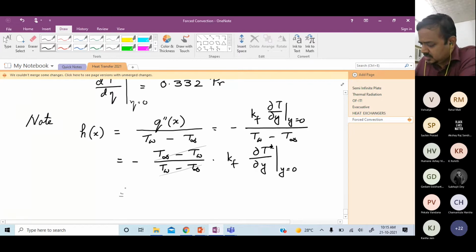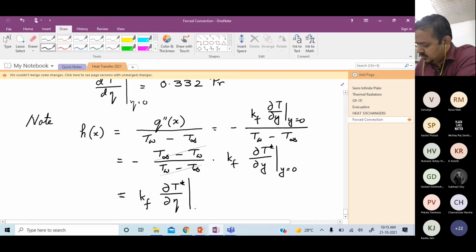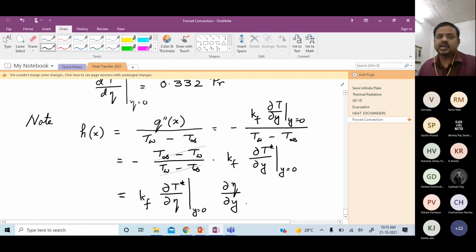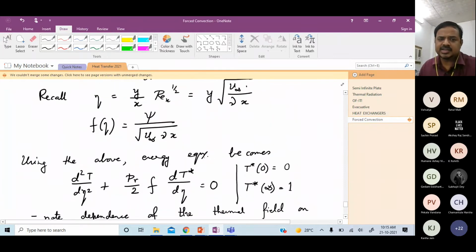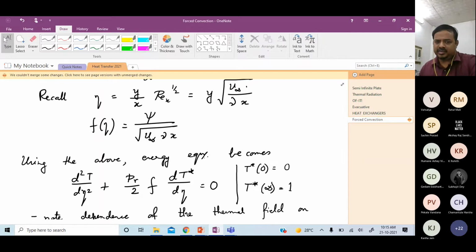Therefore, I'm going to write this is equal to kf del T star del eta at y equal to 0 times del eta del y. What is del eta del y? Let's go back and look at it. Del eta del y is root over U infinity divided by nu x.